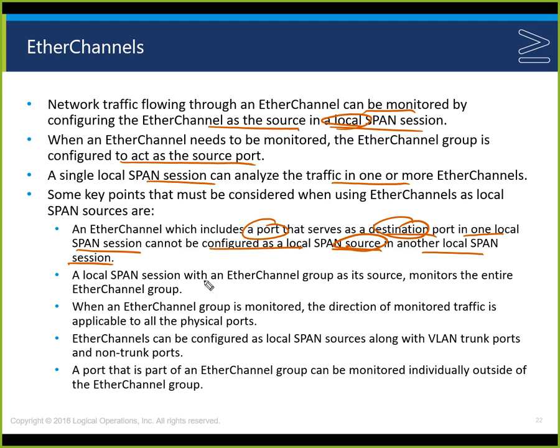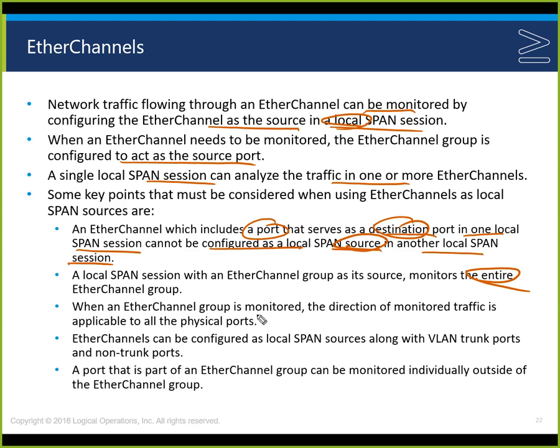A local SPAN session with an EtherChannel group as its source monitors the entire EtherChannel group, and you would expect that if we use the group nomenclature. And up here we said traffic in one or more EtherChannels, that we use the EtherChannel as the source.